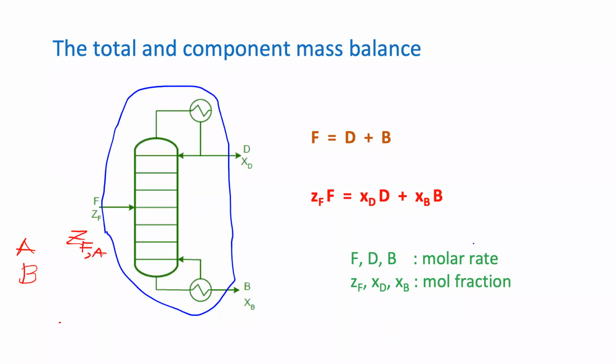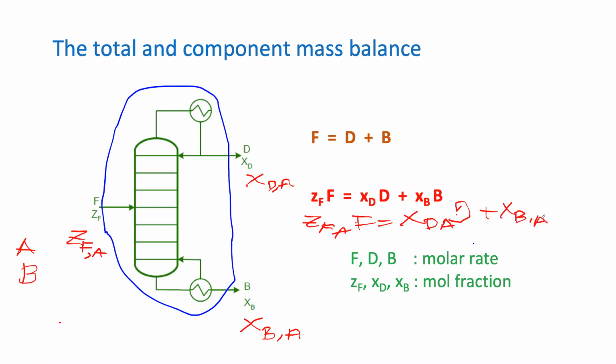And then this is, for example, X distillate of A, for example 95% of A, and also X bottom of A. So for one particular component, A, ZF of A multiplied by the feed would be equal to X distillate of A multiplied by the distillate, plus X bottom of A multiplied by the bottom.